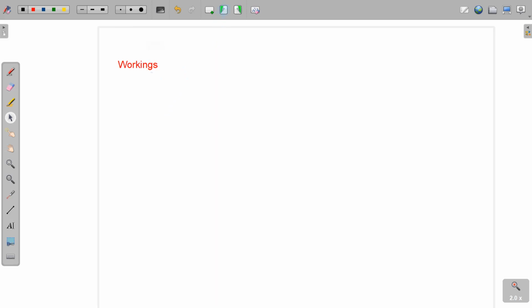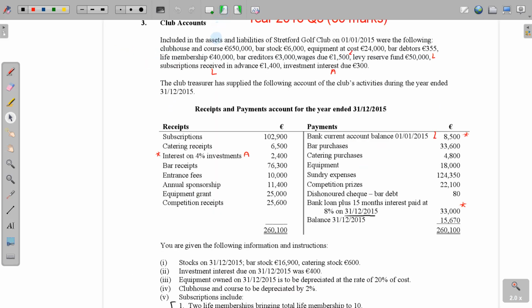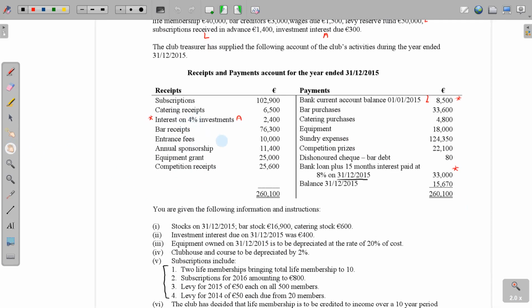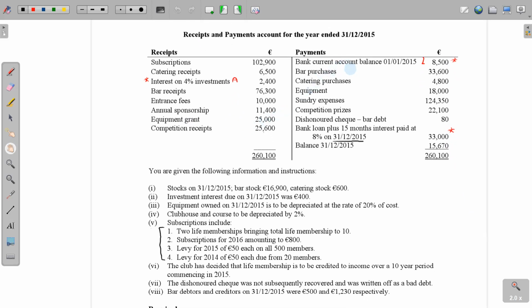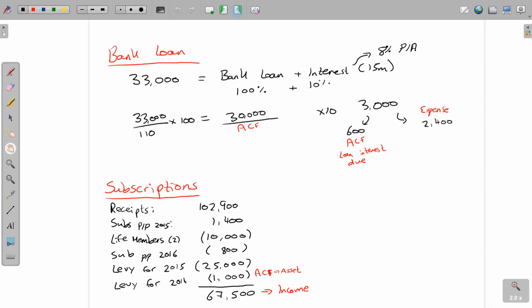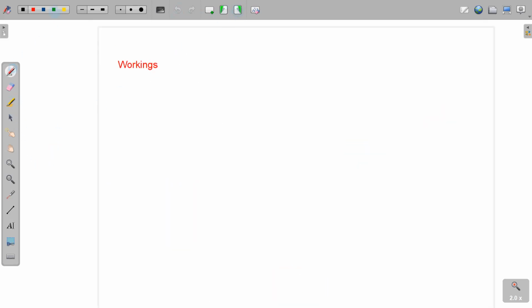So we did bank loan, we did investment interest. The only real one we need to do, let's say, is our special purpose account, which is our bar. And then there's only other little things here we need to look at as well. So the bar is kind of the next one, which is quite big. I guess there's a lot there.